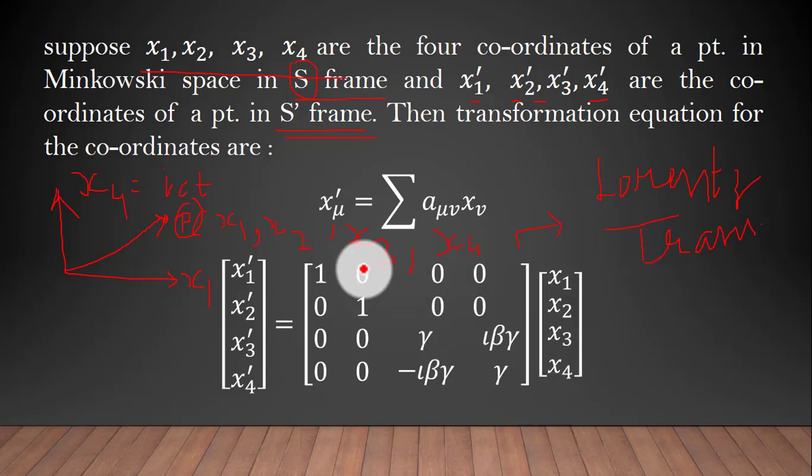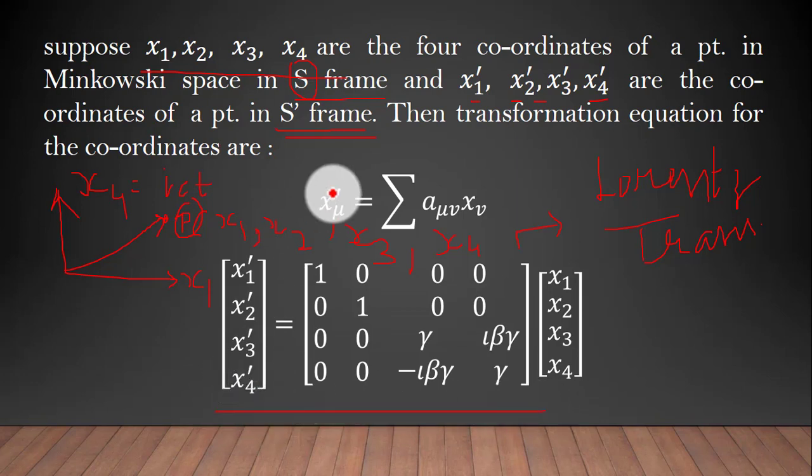These are the equations to transform the coordinates of any point from one frame of reference to another. If we know the coordinates of any point in the S frame of reference, then we can calculate its coordinates in the S prime frame of reference by applying this equation.